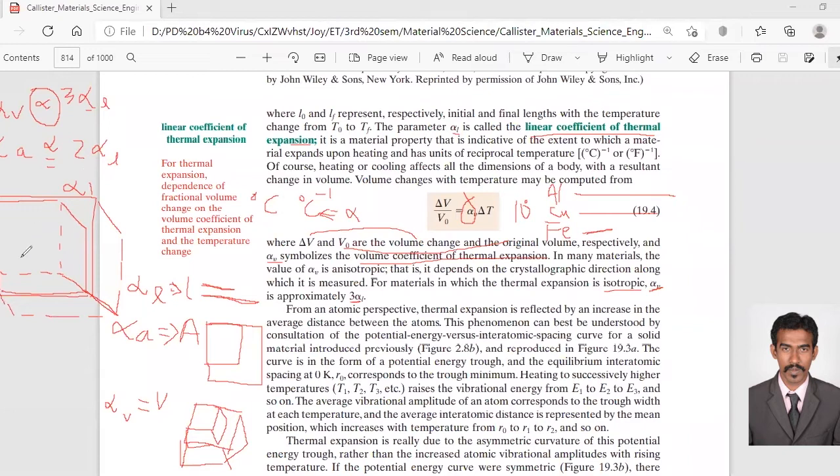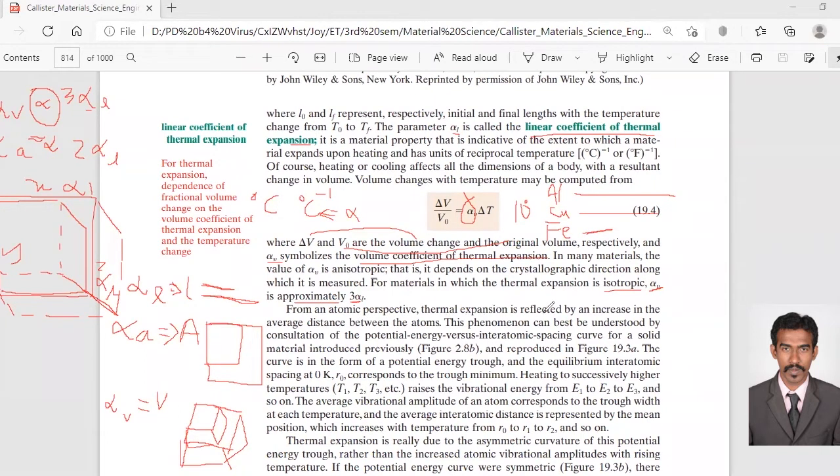Here I have an alpha L, the linear coefficient of thermal expansion, this way another alpha L, and down the z-axis also an alpha L. If this is the x-axis, this is the y-axis and this is the z-axis, then each axis has alpha L, which means I have 1, 2 and 3 alpha L. That's why alpha V can be written as 3 alpha L. So for materials in which thermal expansion is isotropic, alpha V is approximately 3 into alpha L, not exactly equal, but approximately.